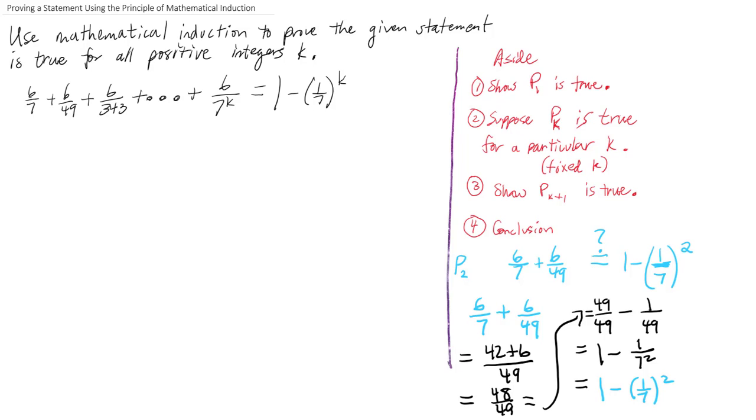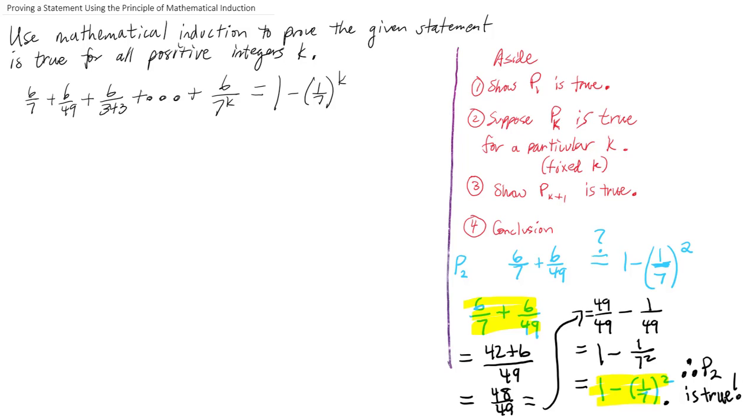Notice we have shown that the left-hand side of the proposition is in fact equal to the right-hand side of the proposition. This is also known as proving an identity. What can we say now? We could say, therefore, proposition 2 is true.